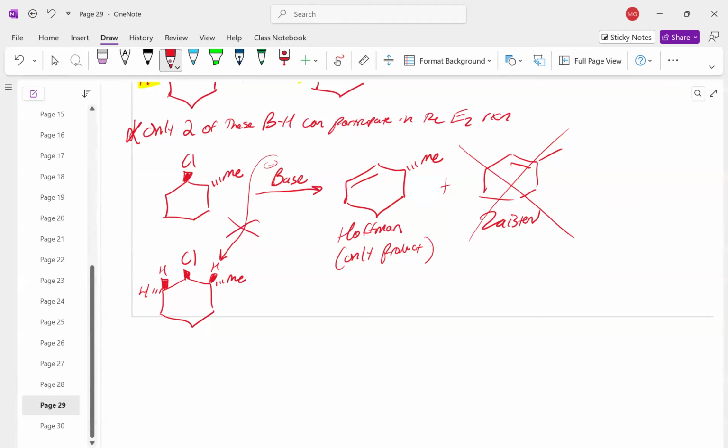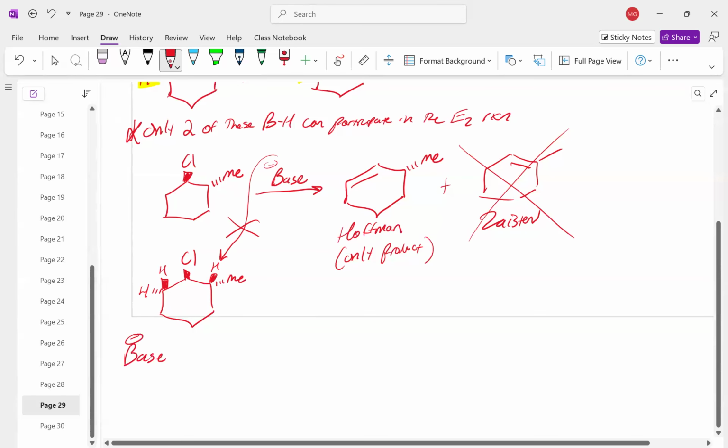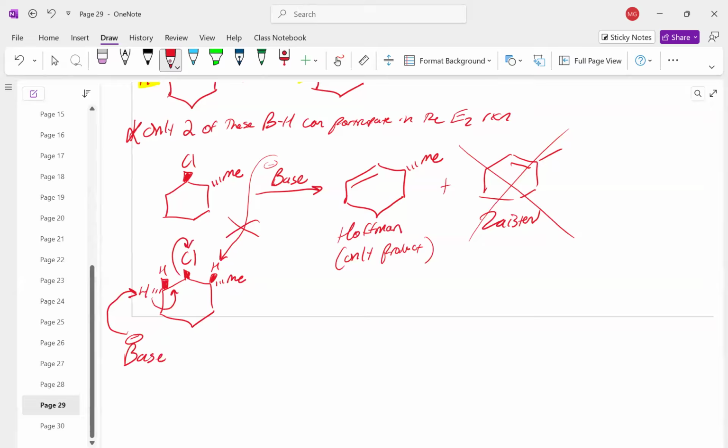It's not anti-periplanar to the chlorine, to the leaving group. The only one that's anti-periplanar is this hydrogen here. That hydrogen has a dashed wedge. And so that's the only one that is anti-periplanar in the proper orientation to be removed by a base.